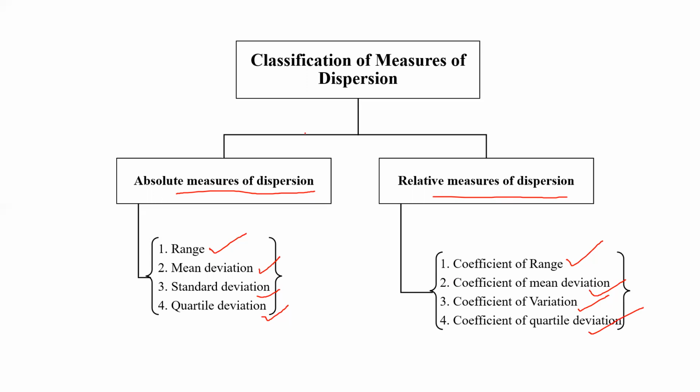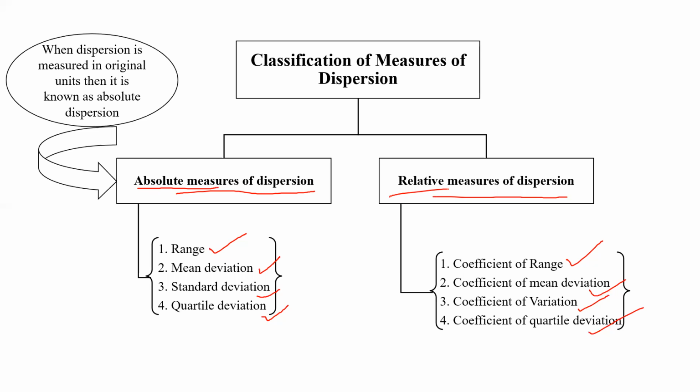But the main division of measures of dispersion is two: absolute measures of dispersion and relative measures of dispersion. So we need to understand what absolute measures are and what relative measures are. These are the important points. In absolute measures, when dispersion is measured in the original units of the data, it is known as absolute dispersion.